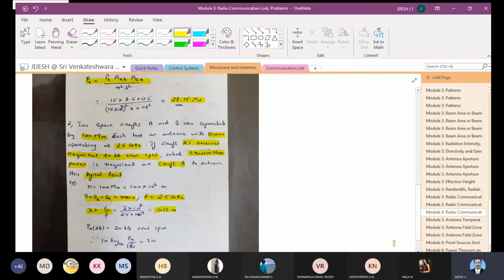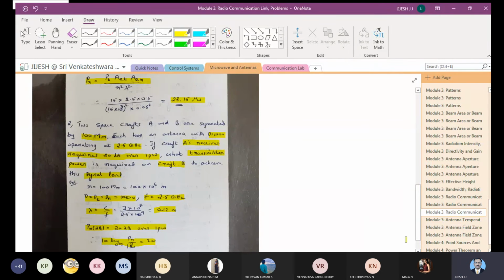So we have to calculate PR, which is given as 20 dB over 1 picowatt. They have not given the exact value. So 20 dB over 1 picowatt is given. So we have to take 10 log to the base 10 of PR divided by 1 picowatt, which will be equal to 20. This is the one small difference you can see from the previous question.